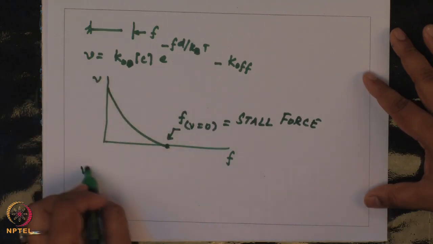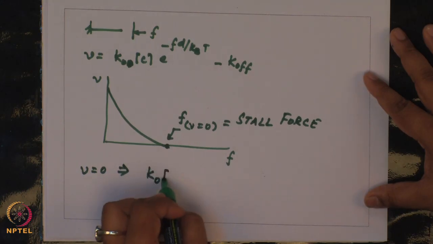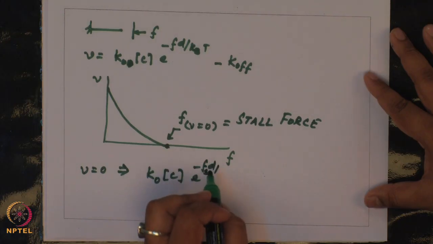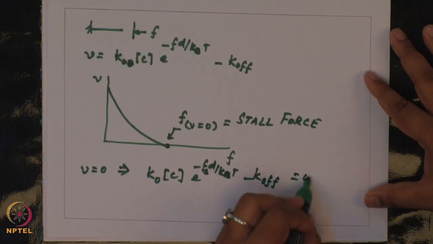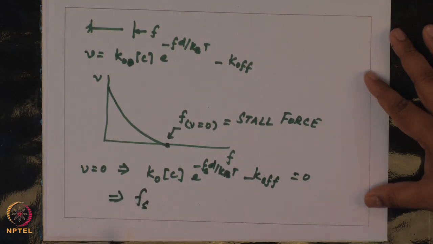I can set v equal to 0 in this expression: k_0 times the concentration of monomers, e to the power minus f_s d by k_B T, minus k_off equals 0. From here I can find out the value of f_s.